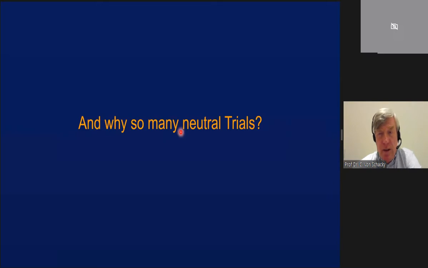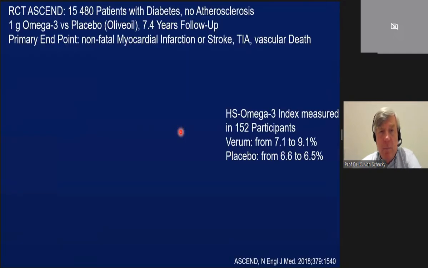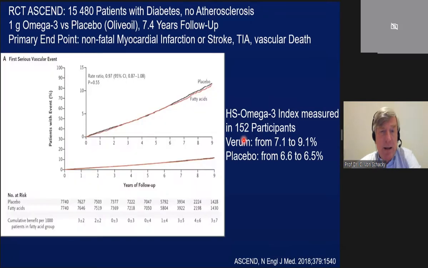Why are there so many neutral trials? I was present when the ASCENT trial was presented, and this is a group from Oxford, and they said, well, we know now that omega-3s don't work. And our sister lab in the US had analyzed a number of samples from that trial, and it turns out that in the Verum group, on average, the individuals were recruited with a high baseline omega-3 index.